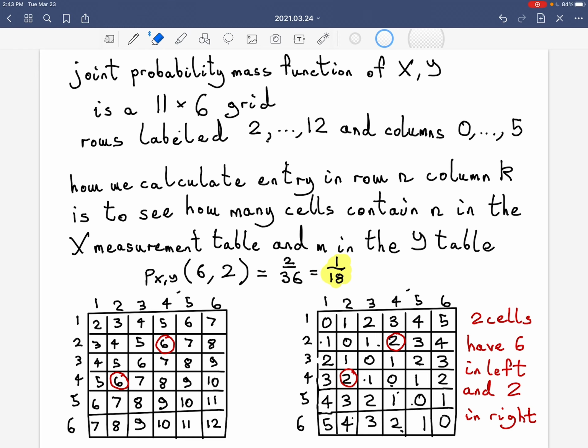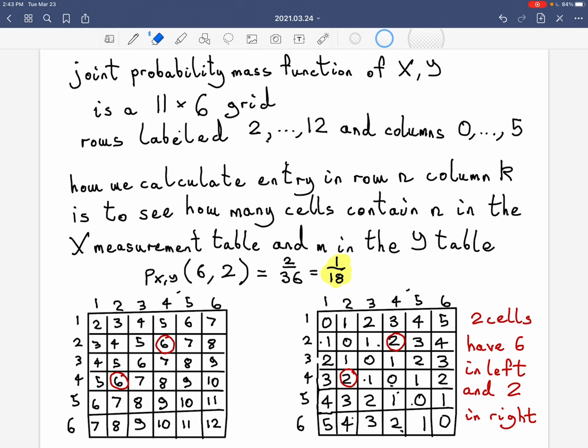And so what we do in order to calculate the entry in a given cell, so to calculate the entry in row n and column m, what I need to do is see how many cells contain n in the x measurement table, and then see how many cells contain m in the y measurement table.